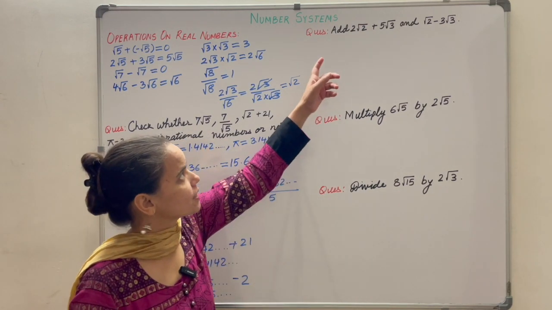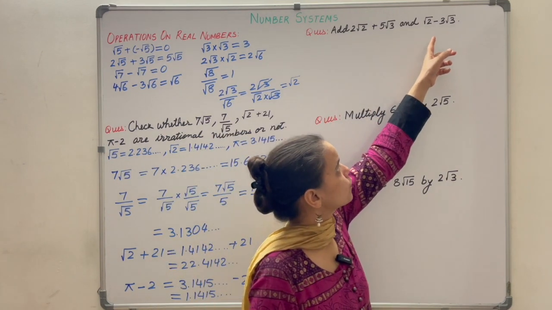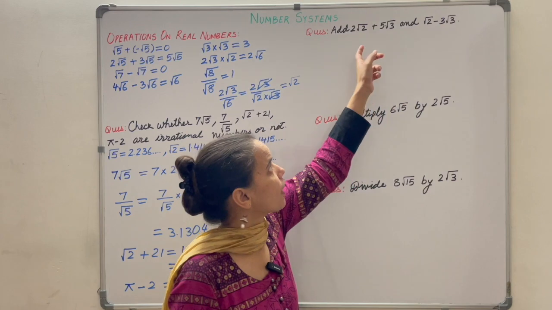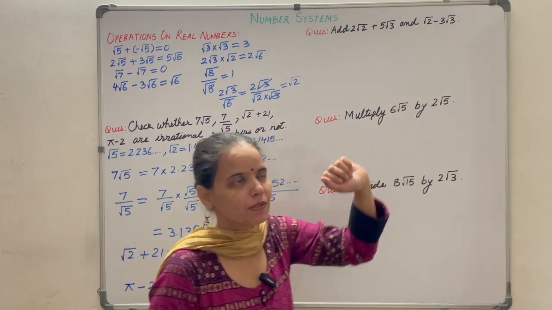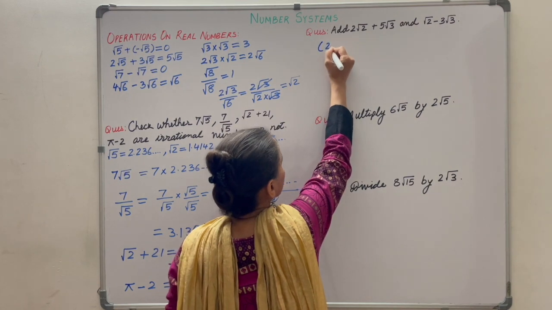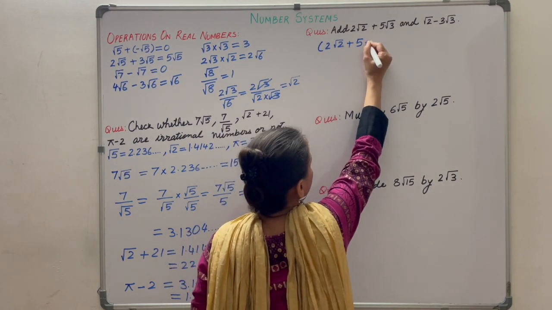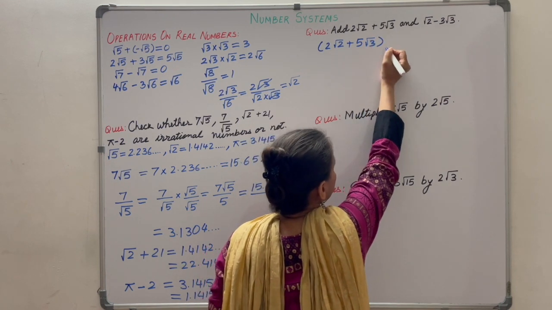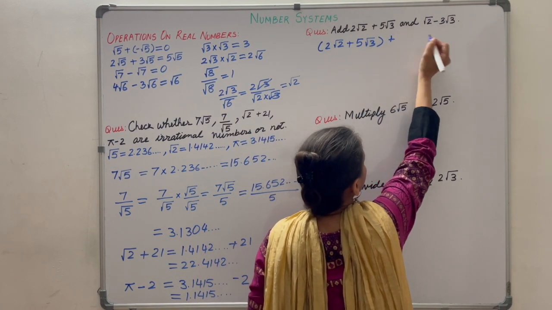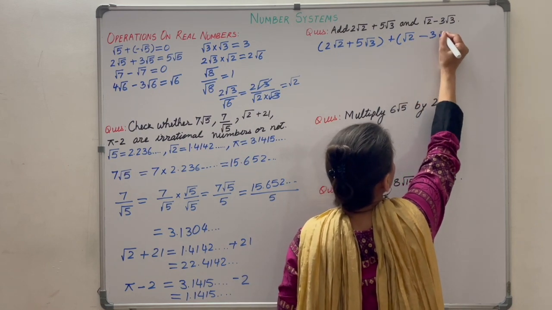The first question is: add 2 root 2 plus 5 root 3 and root 2 minus 3 root 3. So we have to add these two irrational numbers. So we have 2 root 2 plus 5 root 3. To this irrational number, we have to add root 2 minus 3 root 3.